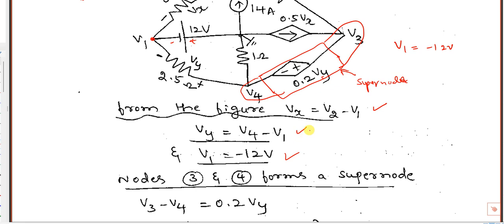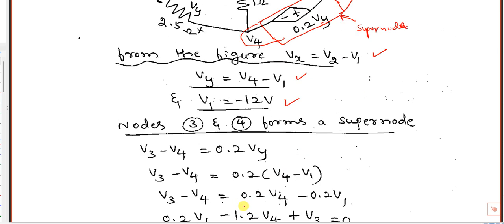Now V3 and V4 form a supernode. I already circled it with red color here. We can directly tell that plus is towards V3, so V3 minus V4 is 0.2 Vy. Substitute Vy in terms of nodal voltages. Vy is actually V4 minus V1.